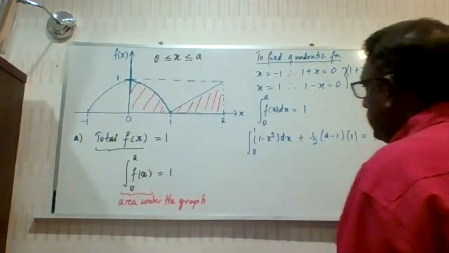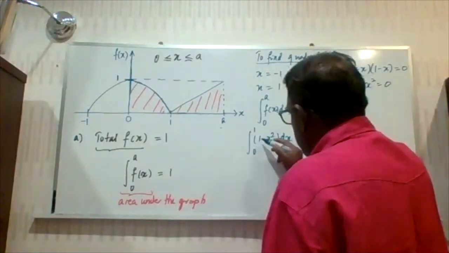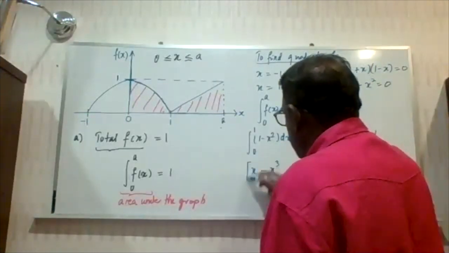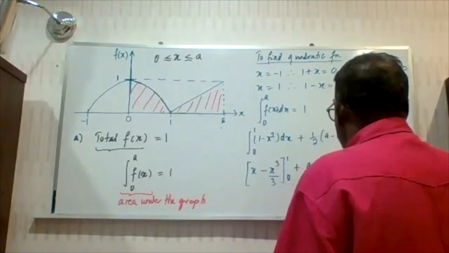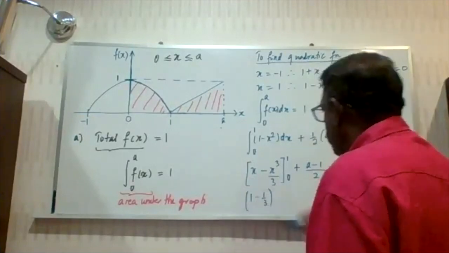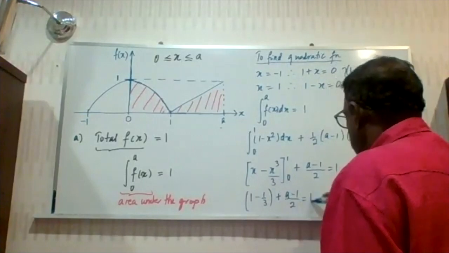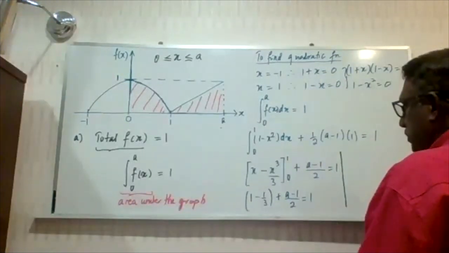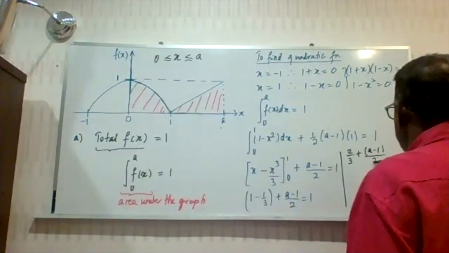Okay, so now let's integrate that, one term at a time. The integration of 1 will be x, minus x cubed over 3, from 0 to 1, plus (a minus 1) over 2 equals 1. Substituting 1, we get 1 minus 1 over 3, that is 2 over 3, plus (a minus 1) over 2 equals 1.